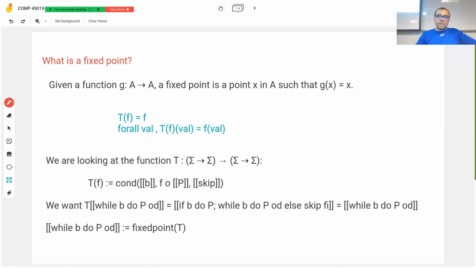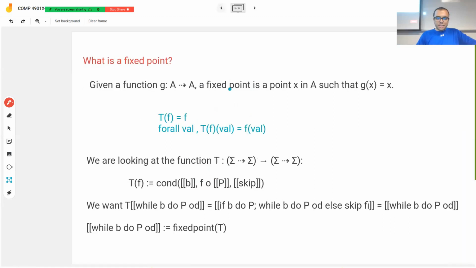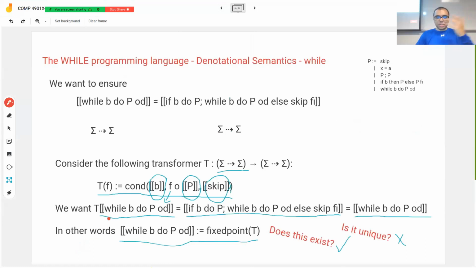And we saw that if we apply T to our intuition of what the semantics of while should be, this is what we get. We get the semantics of this program. And again, it was our intuition that this program should have the same semantics as the original while. So we have this T, and we want the semantics of our while to be a fixed point of this particular T.